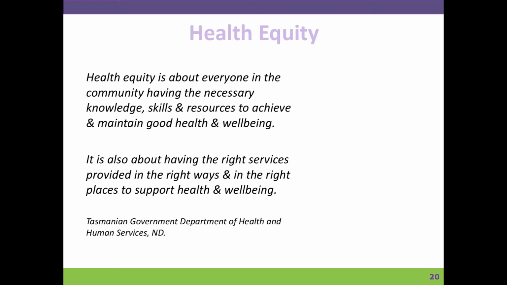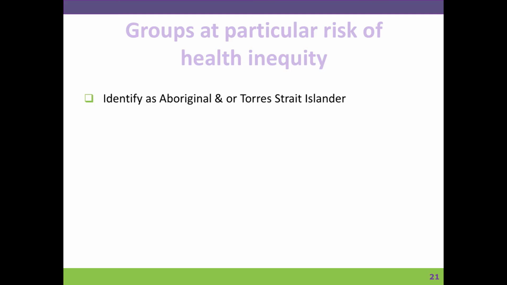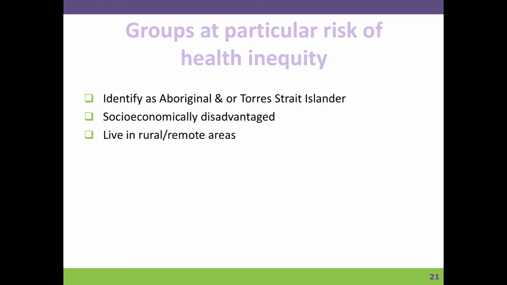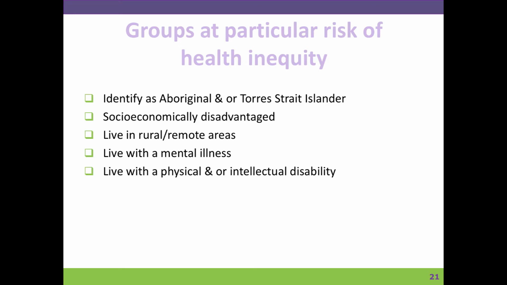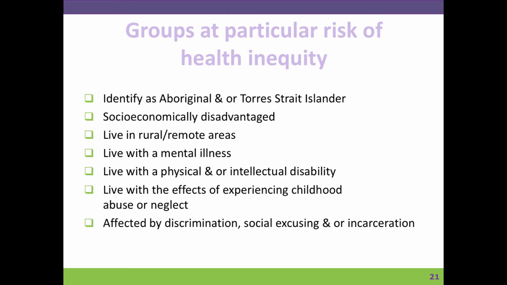There are a number of groups of people within Australia who are at particular risk of health inequity. These are people who identify themselves as Aboriginal or Torres Strait Islander, people who are from socio-economically disadvantaged backgrounds, people who live in rural or remote areas, people who live with mental illness, people who live with physical or intellectual disability, people who live with the effects of experiencing child abuse or neglect, people who are affected by discrimination and social exclusion, and people who are from culturally or linguistically diverse backgrounds.